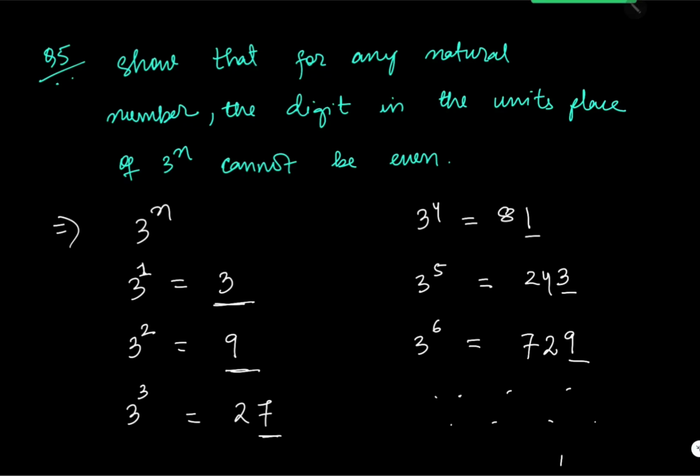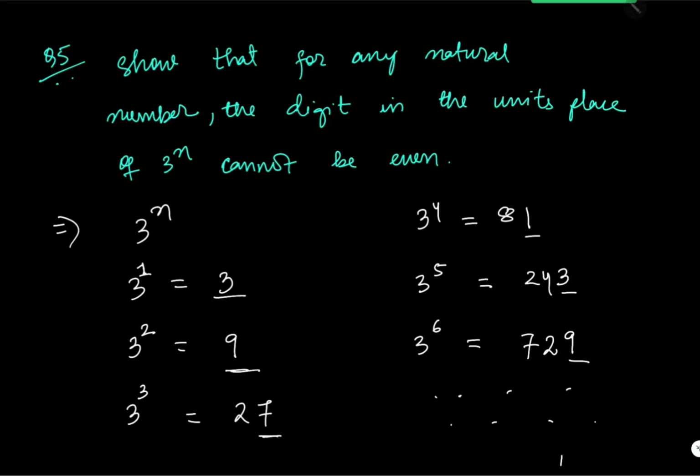And we have observed that the digits in the units place are all odd numbers. So we have shown that the digits in the units place are not even.